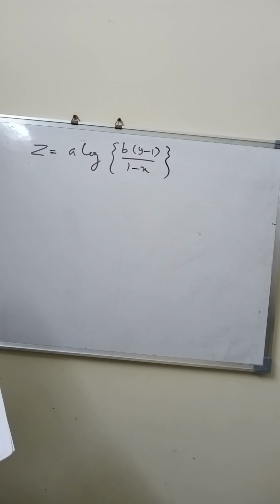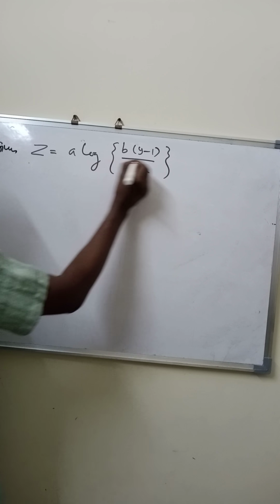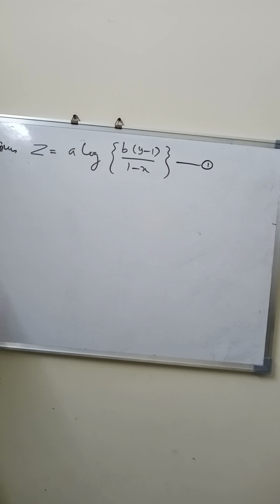Form the partial differential equation by eliminating a and b from z equals a log of b(y minus 1) by (1 minus x). The given equation is z equals a log of b(y minus 1) by (1 minus x), called equation number 1.